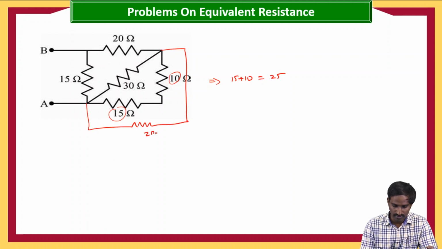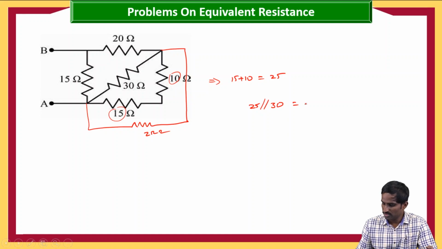So this is 25 ohms, and this 25 ohms is in parallel with the 30 ohms. Then 25 into 30 divided by 25 plus 30, which is 55, then you will have 13.63.